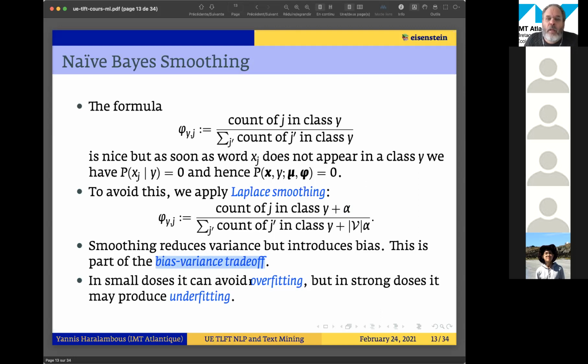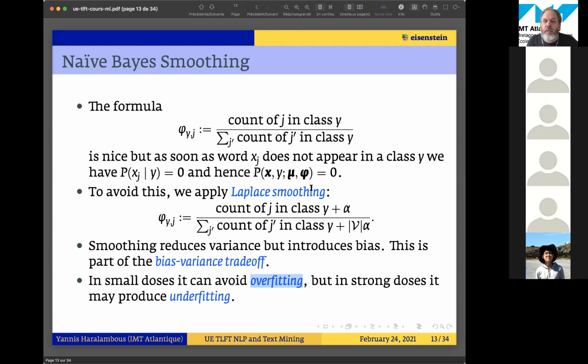Now, this method of smoothing can avoid overfitting. What is overfitting? Overfitting is when your model is so close to your training individuals that it has bad performances on new predictions. To avoid overfitting, you need to generalize your model.